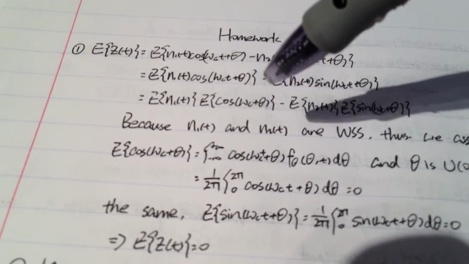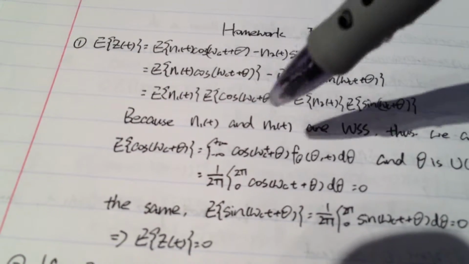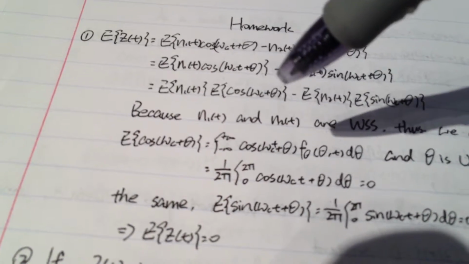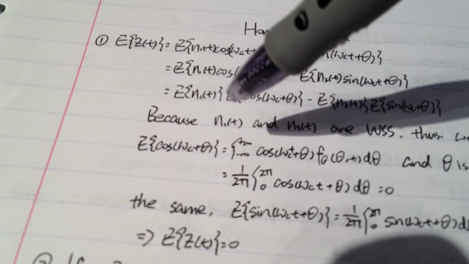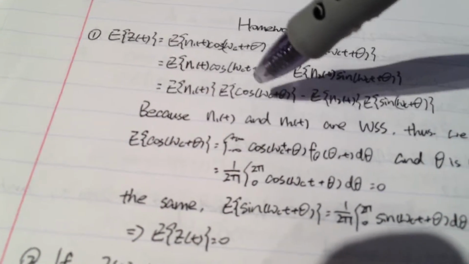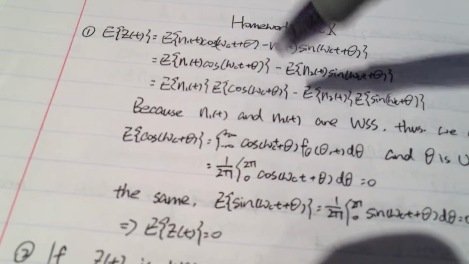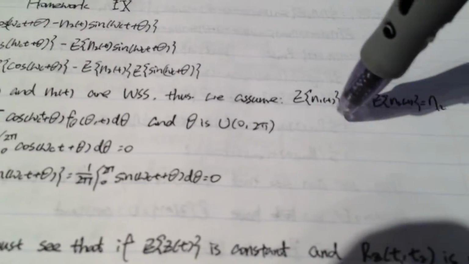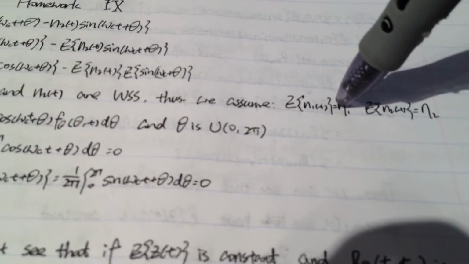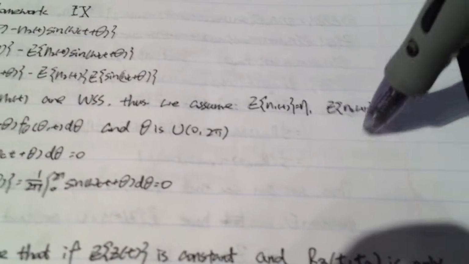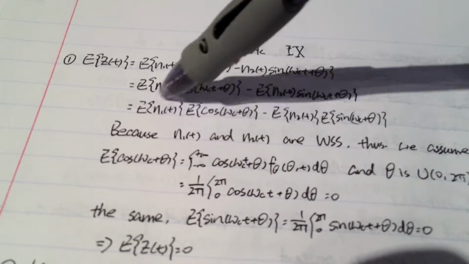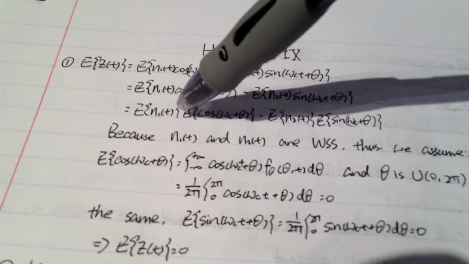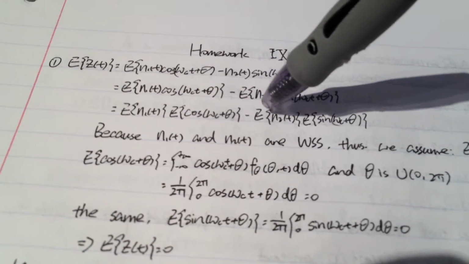And because n1t and n2t are wide-sense stationary, according to the definition of wide-sense stationary, we know that the mean of n1t and the mean of n2t should both equal a constant, so we assume that the mean of n1t equals eta 1 and the mean of n2t equals eta 2, so the mean of zt equals eta 1 multiplied by this part minus the product of eta 2 and this part.